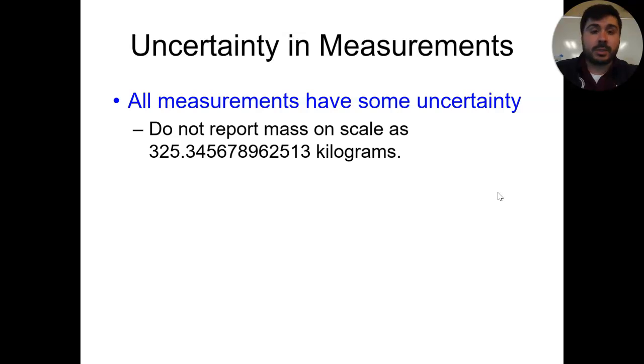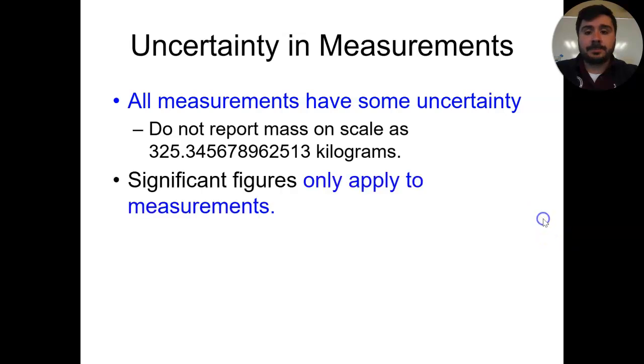That's just too many and looks awful. It's not super clean, and it adds to this degree of uncertainty. What we can do to help clean up the look of that number is apply what's known as significant figures. And this concept really does only apply to measurements.